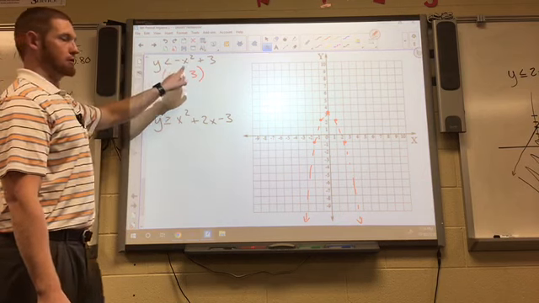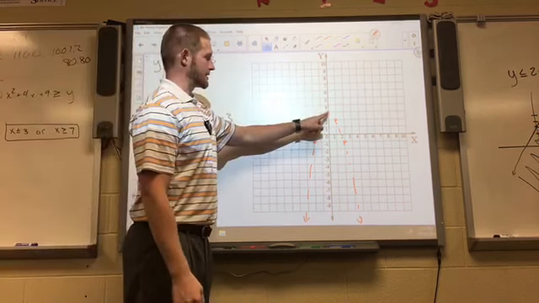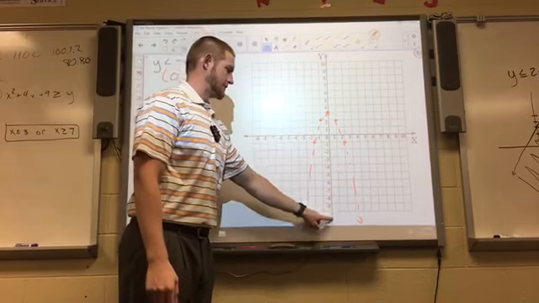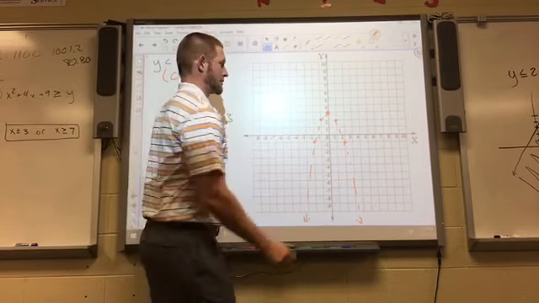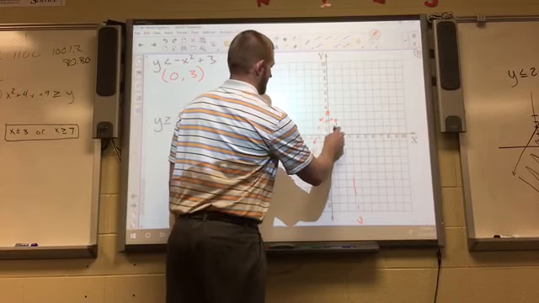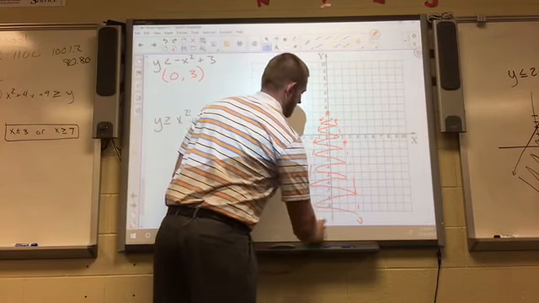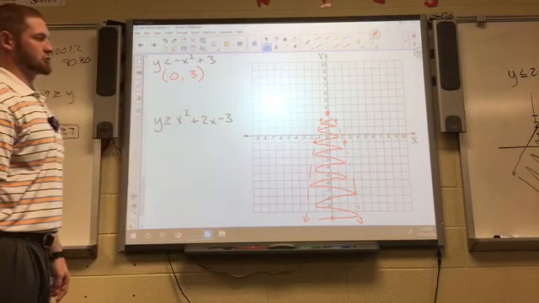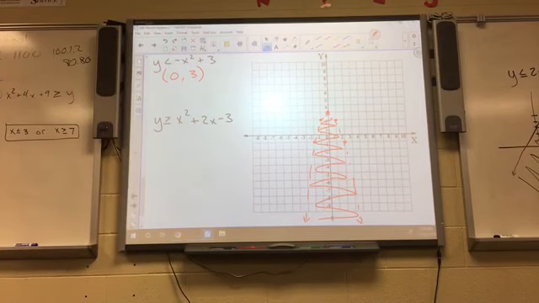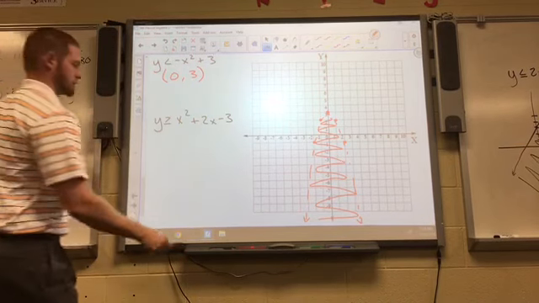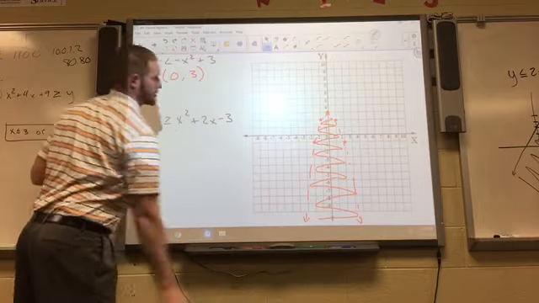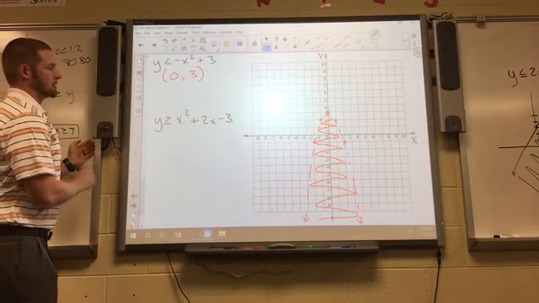Inside, because it's going down. y's getting less, on the inside of the parabola. Good job, Miranda. Okay, so I'm going to shade on the inside. And this is going to show up better on yours because you can shade lightly with a pencil. My markers don't do light.